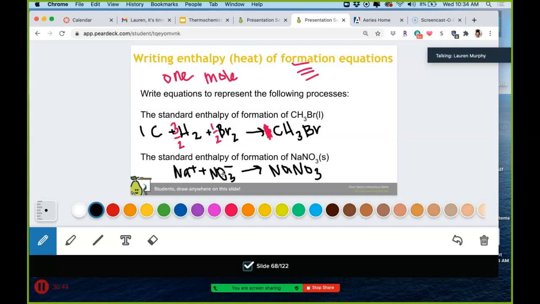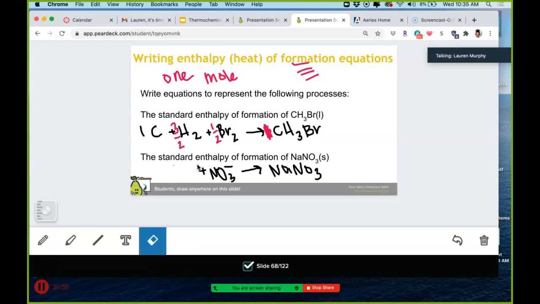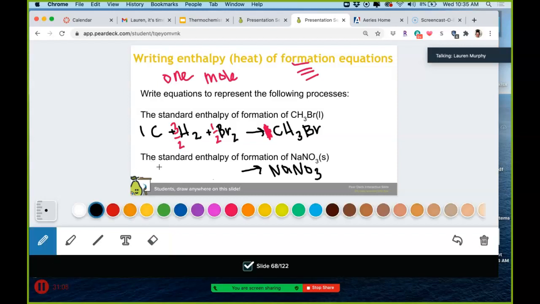Okay, I see this happen a lot on these because you recognize that this is an ionic compound. And this is the formation of sodium nitrate from its ions, but that's not what formation equations are. Formation equations are the formation of a compound, whether it's ionic or molecular, doesn't matter, from its elements. So we can only use elements in here.